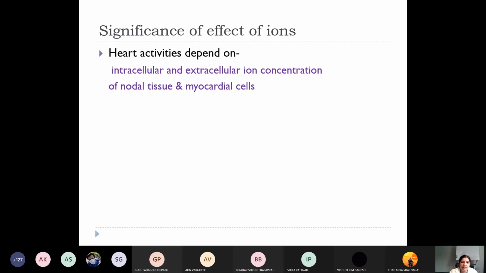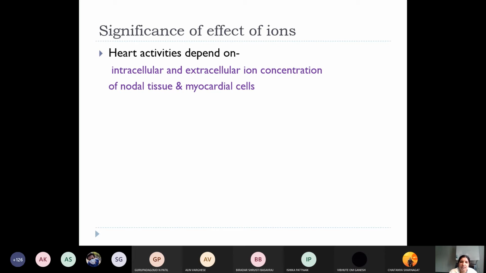So after understanding those properties, we will just move on to the effects of ions. Now, why is it important to know the effect of different ions? You know our body fluids, ECF and ICF, consist of so many ions. Of that, 3 important ones are sodium, potassium and calcium ions.